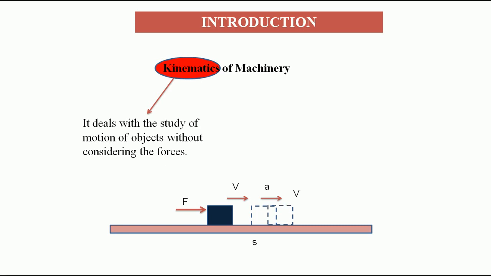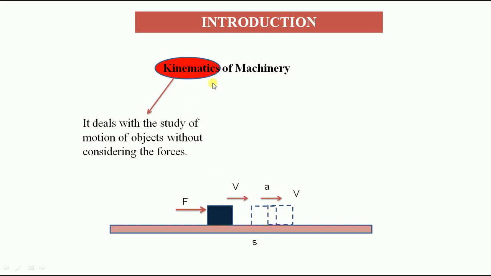So during this movement of the object, when you are applying a force more than the friction, what is happening here? There are many elements we consider related to the motion of the object. One is velocity, another is acceleration, and ultimately it is displacing from one position to another position. S is the displacement of the object. So the elements related to the motion of this object are velocity, acceleration and displacement.